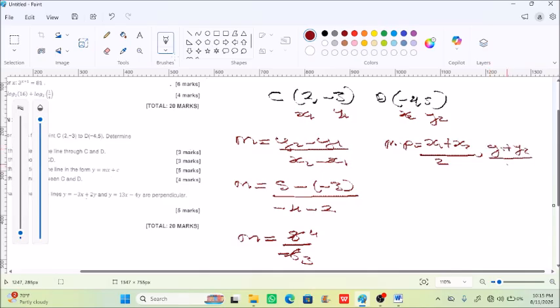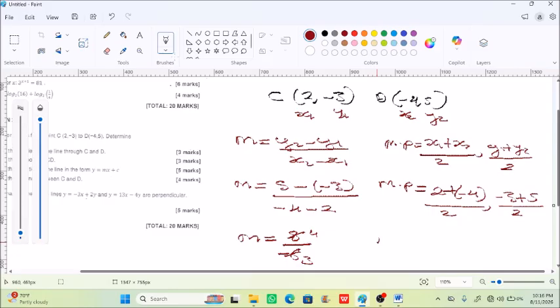So the midpoint is equal to, what is our x1? 2 plus our x2, which is negative 4, close the parenthesis, over 2, comma, our y1 is negative 3 plus our y2 is 5, over 2.